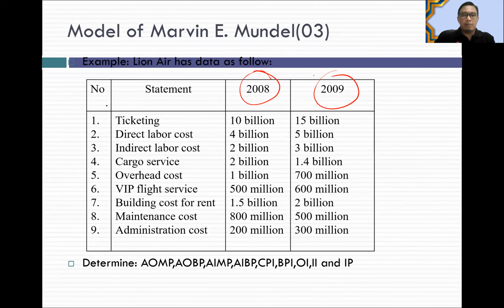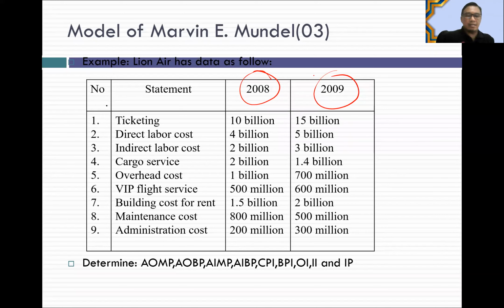Number one, ticketing: in 2008 the company had approximately 10 billion, and in 2009, 15 billion. Direct labor cost was 4 billion, then increased to 5 billion a year later. We also have information on indirect costs, cargo service, overhead costs, VIP flight service, building cost for rent, maintenance cost, and administration costs.